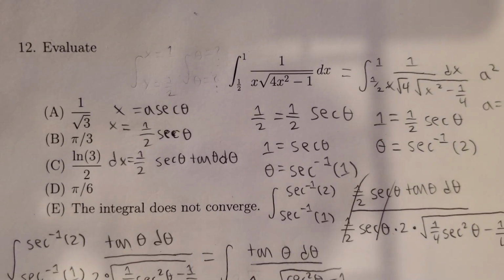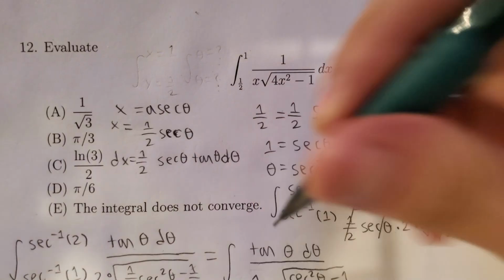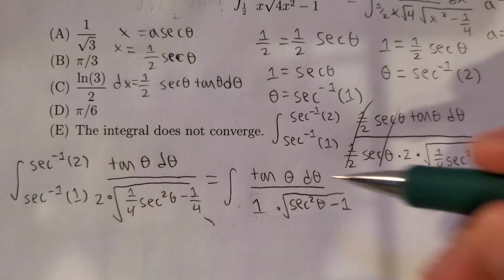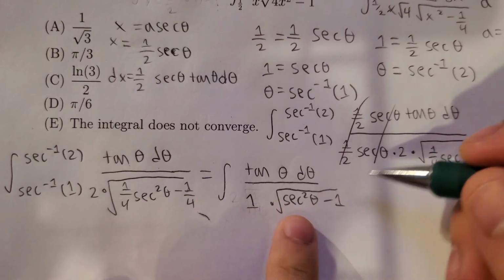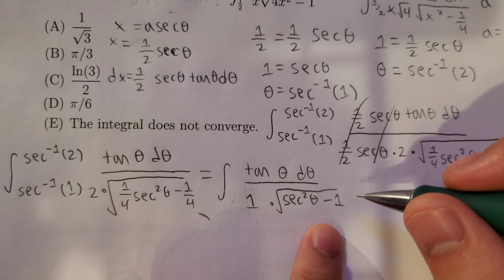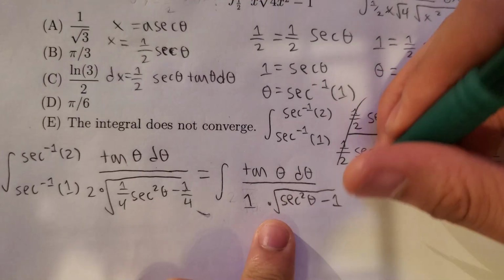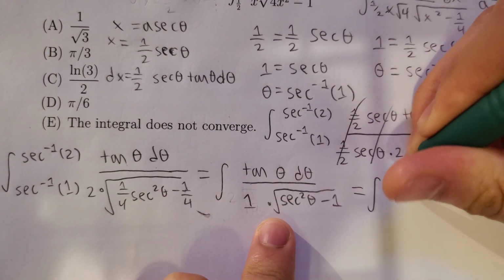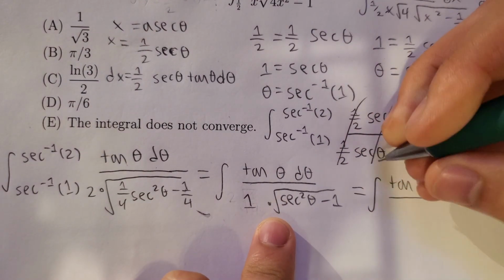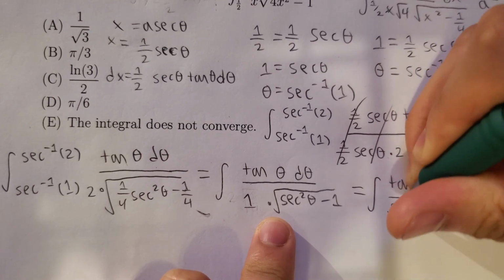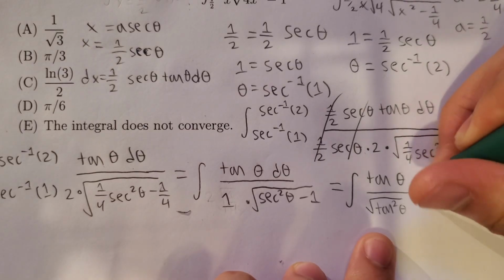And now you can probably see just how simple this integral actually is, because if you recall, secant squared theta minus 1 is an identity, that being equal to tangent squared of theta. So this is going to become tangent theta over the square root of tangent squared theta, and then a d theta there.